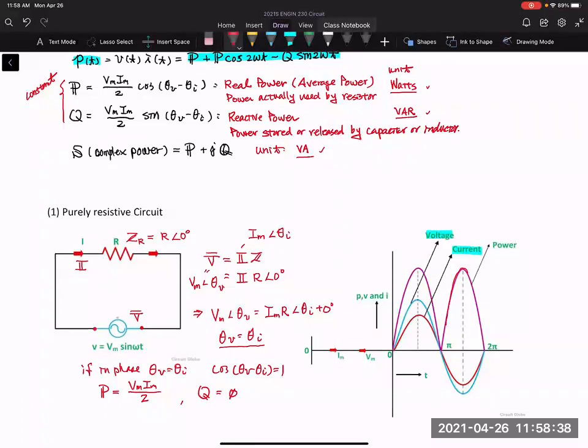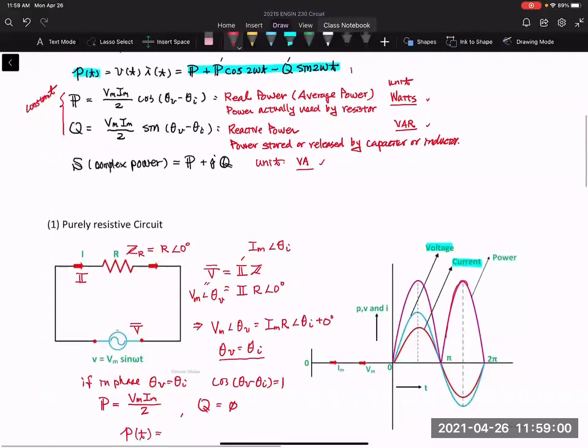So what is the power equation then? I should write P sub T. So what does your P sub T become? Look at this equation here.